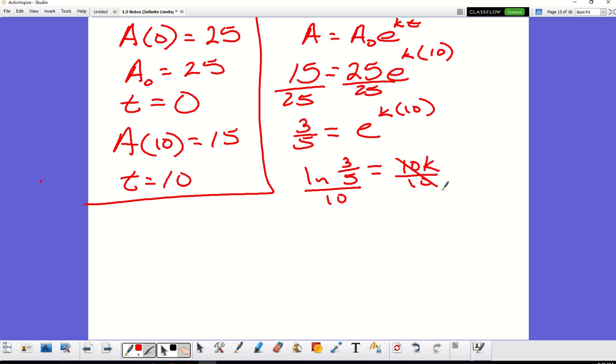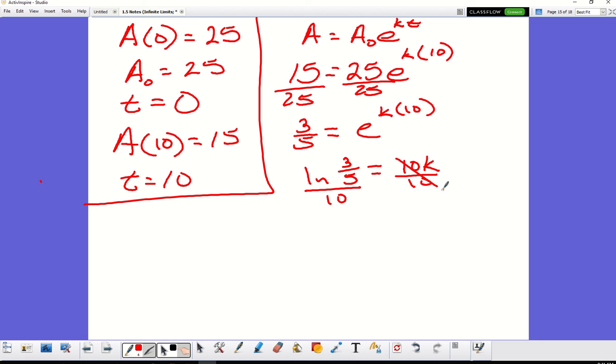Now let's go back to the question. It says, how much salt is remaining after 1 day? So that's your next point of information. What information did they ask for? 24 hours, right? So now that's changing my value. What value do I have now? T is 24. So I have everything I need now.